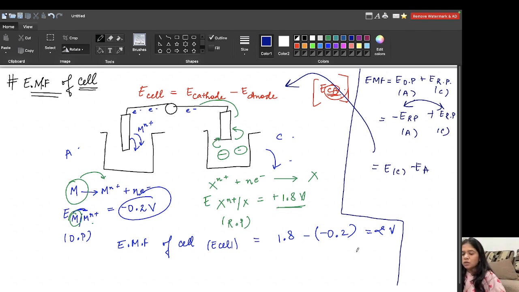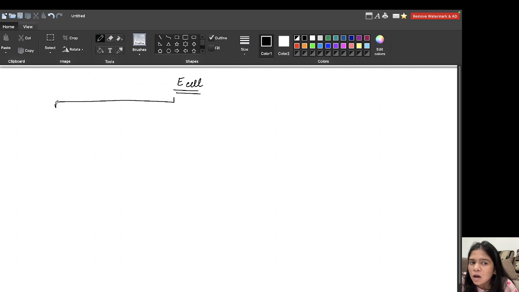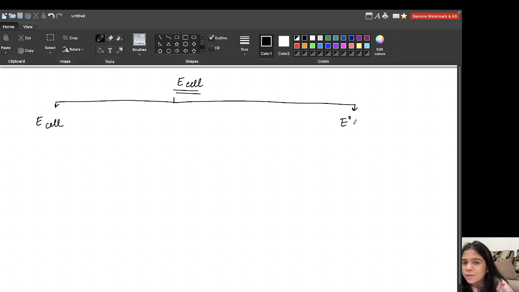I'll be giving you questions for finding the EMF of the cells. But before that, a quick revision. We studied E of cell, right? Now there are two kinds of E. One is E of cell and the other one is E naught of cell. E naught means under standard conditions, the standard EMF of the cell.